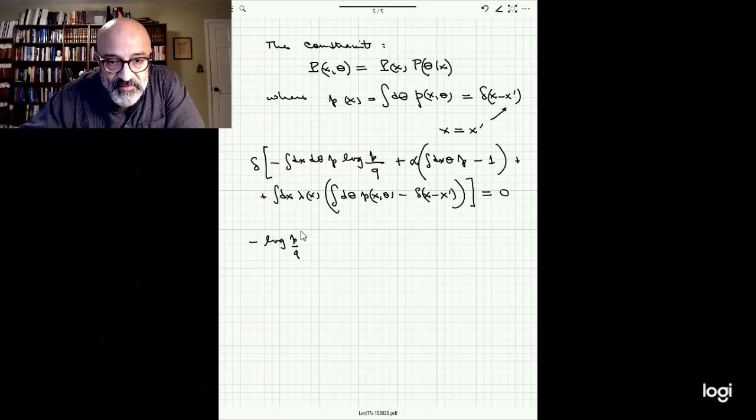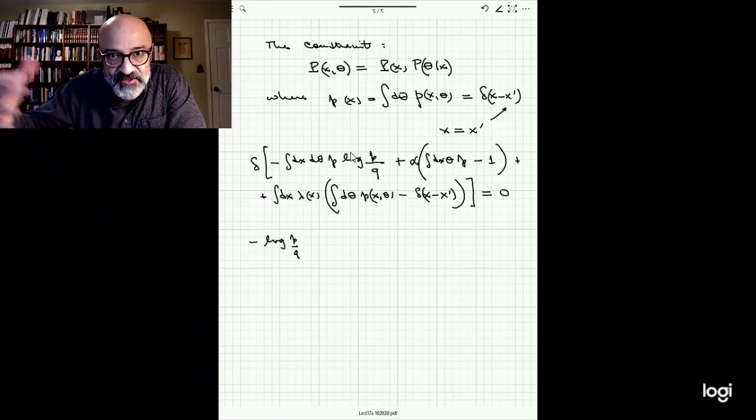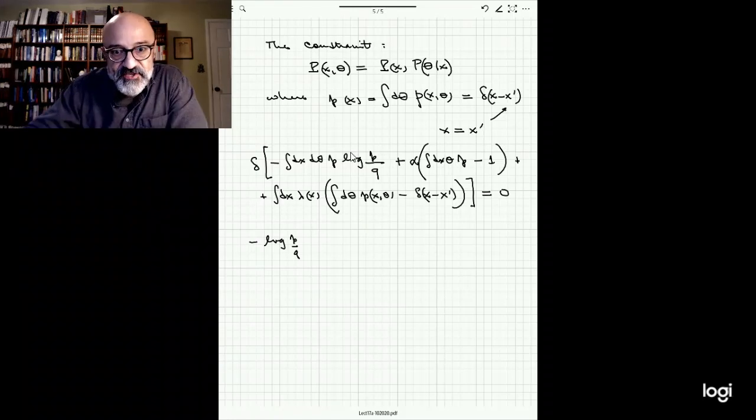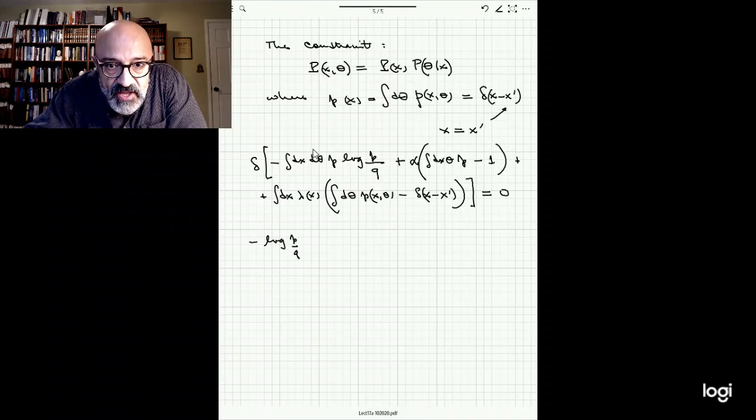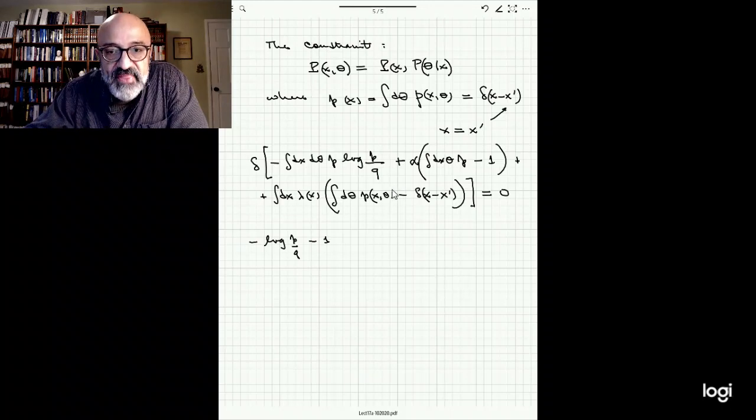Very good. I'm not going to write the delta p, nor those integrals. The delta p's are all going to be independent, so I'm just going to write the coefficients. So I vary this p here. Now I'm going to vary this other term, and what I get is 1 over p that cancels this, and then there is delta p. So this is going to be a minus 1.